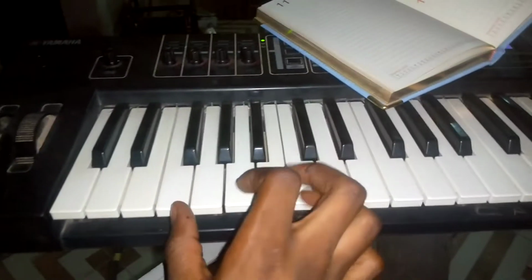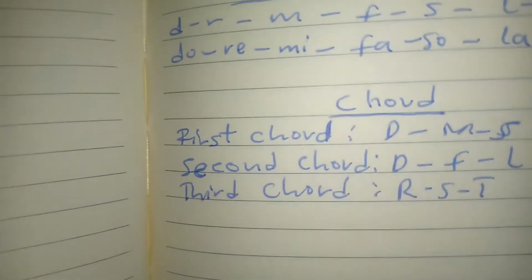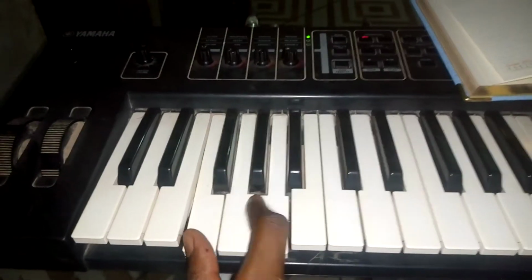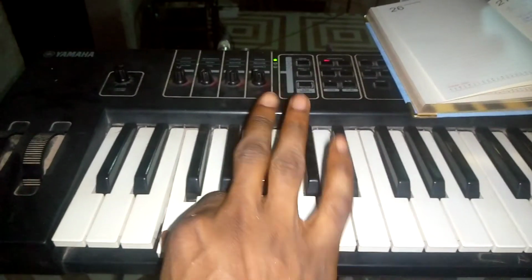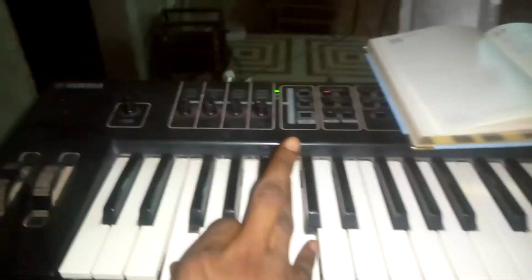So the first chord is what? Do, mi, so. You see it? Now let's play it. Do, mi, then use the little finger. So you see these two fingers didn't play.